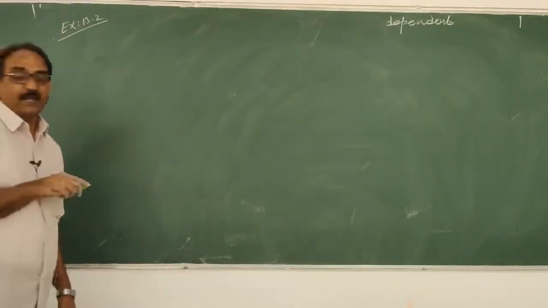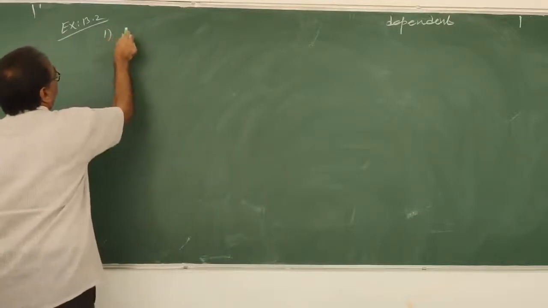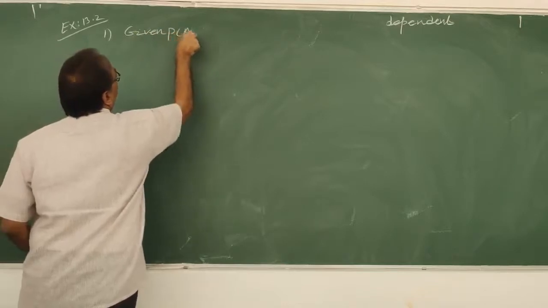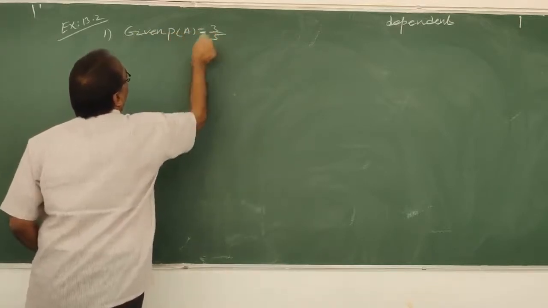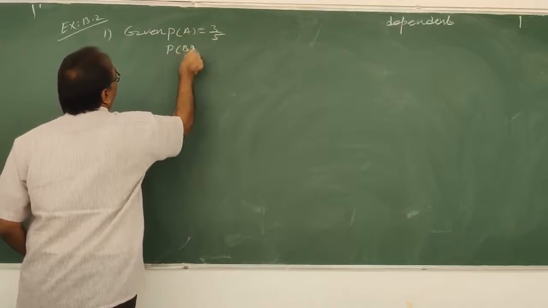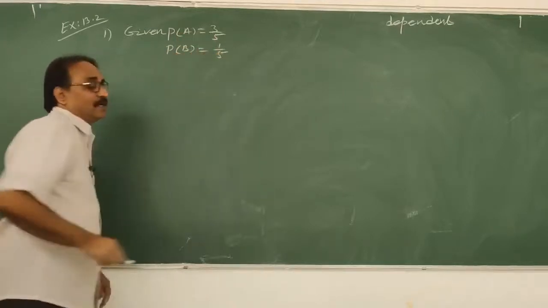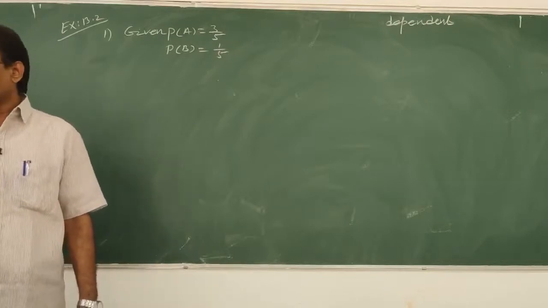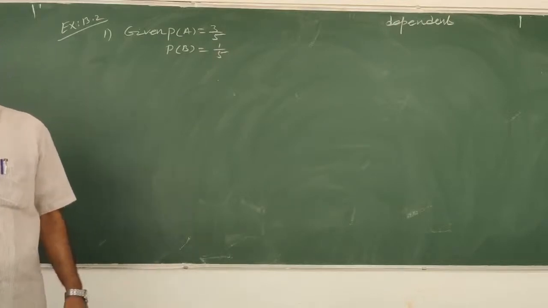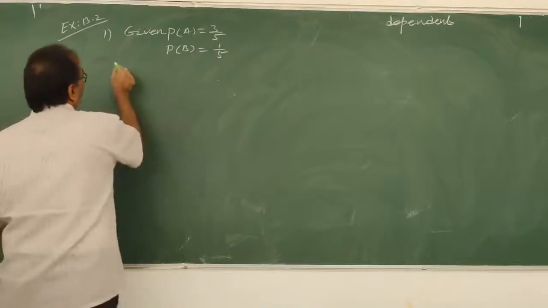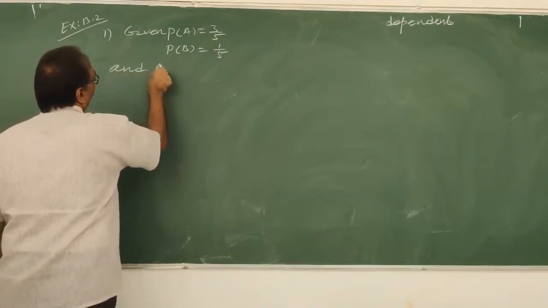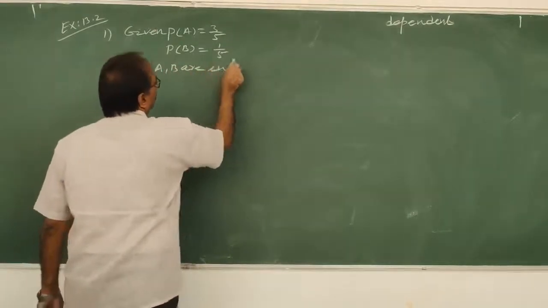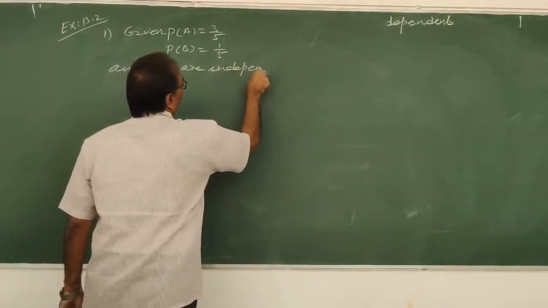Given P of A is equal to 3 by 5, P of B is equal to 1 by 5. Find P of A intersection B if A and B are independent events.